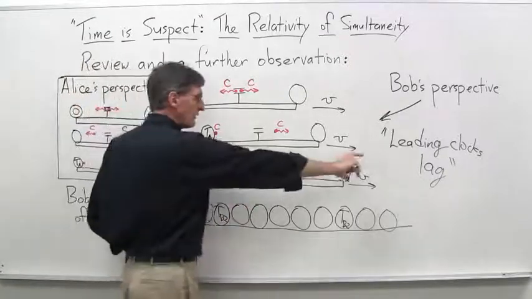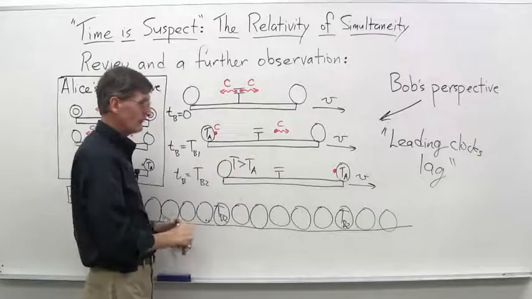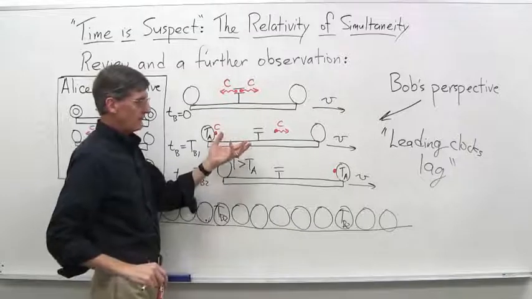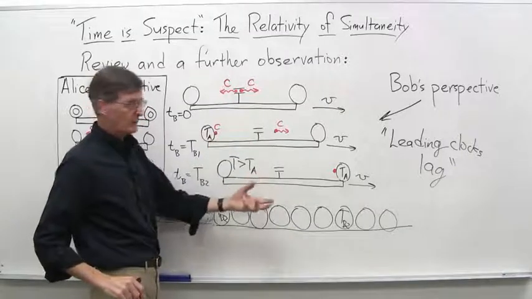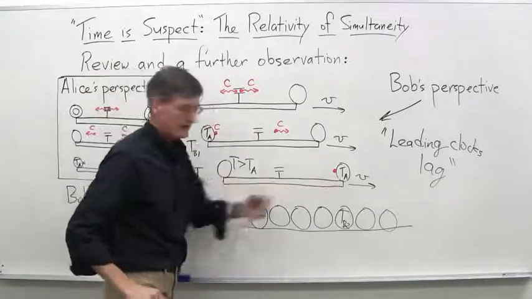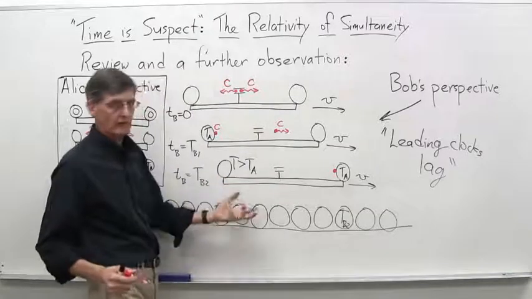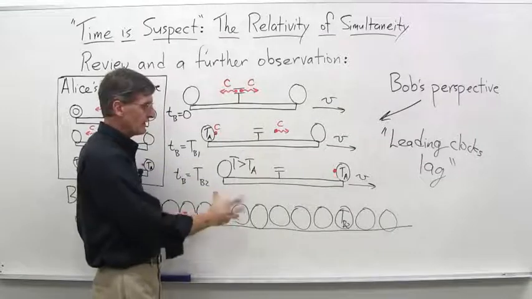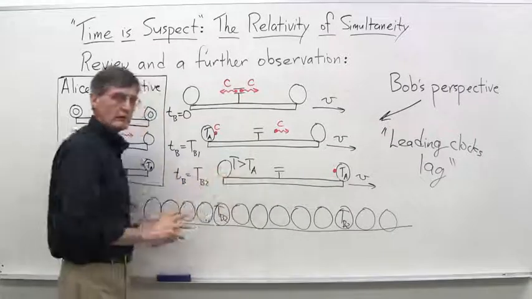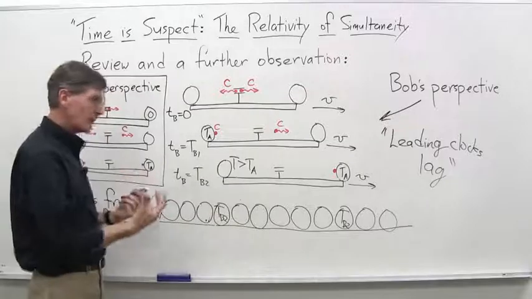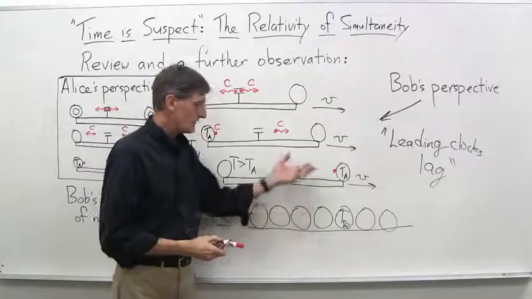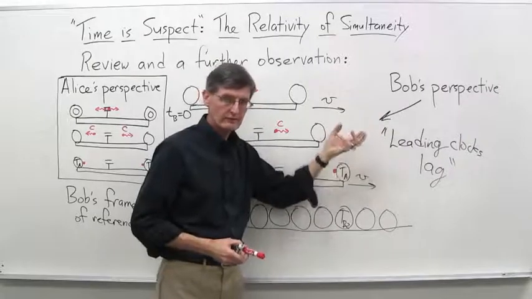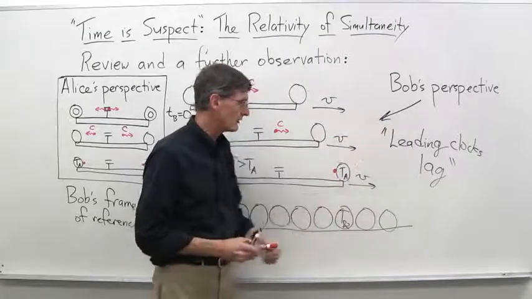If you have Alice flying by, or whoever's flying by, at a speed v that gets up close to the speed of light, in later video clips coming up here, we will actually look at how fast you have to be going for these effects to start becoming noticeable. But for now, we're just doing it qualitatively. And clearly the weird result here, takes a while to get our minds around this, is why sometimes it's useful to state it in a very succinct principle and just memorize that principle: leading clocks lag.